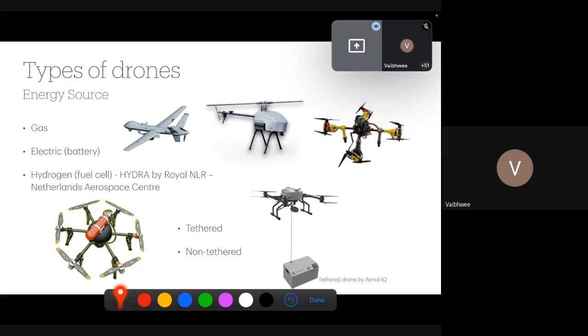So the actuation system of the drone is actually electric, but the fuel that is being supplied is either petrol or ethanol. The engine drives the DC generator, and the power produced is used to drive the actuators and other electronics on board. So this is a hybrid system that is actually being used.